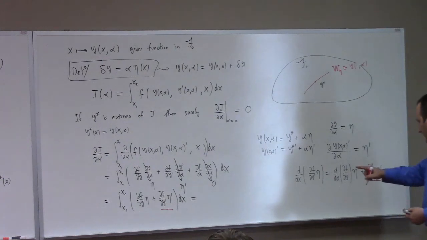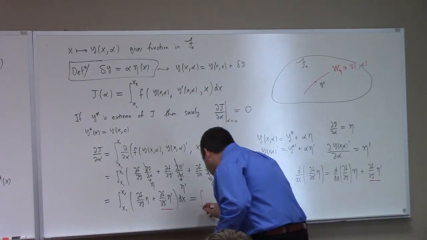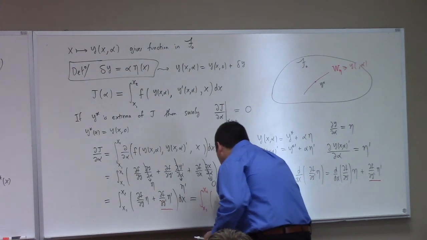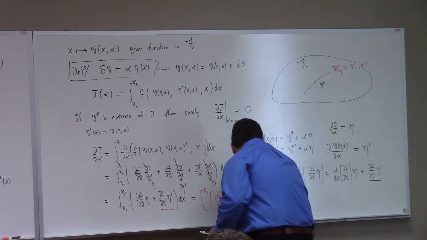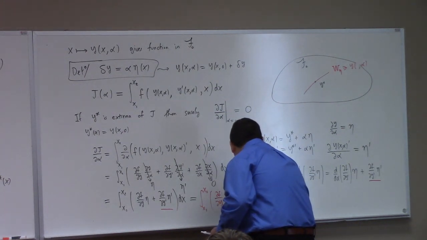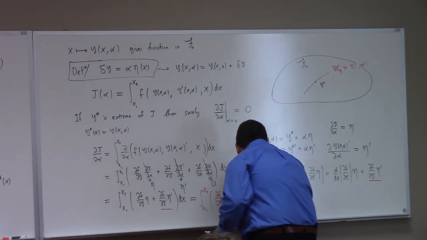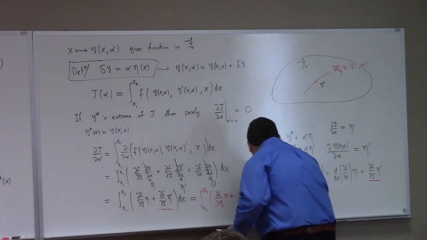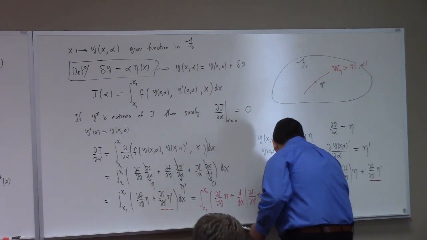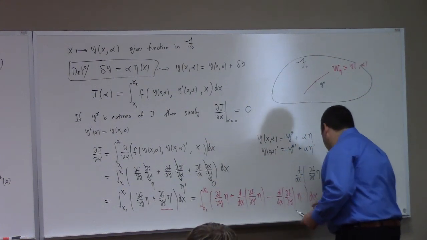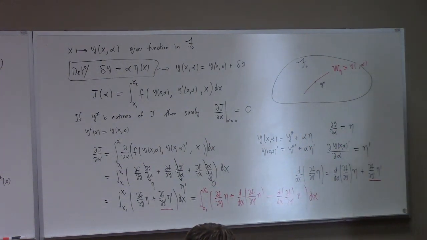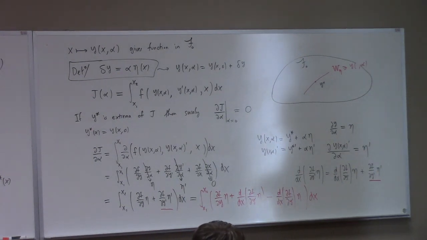So by the product rule, I can trade that for the other term. This is integration by parts, by the way, that I'm doing.